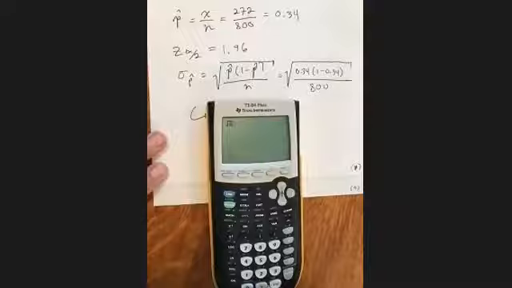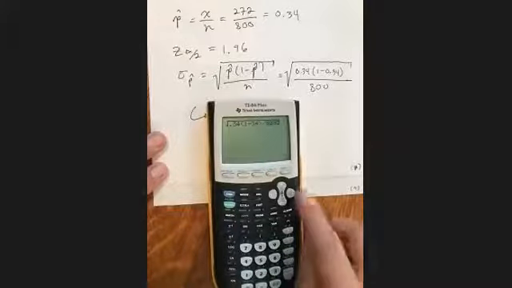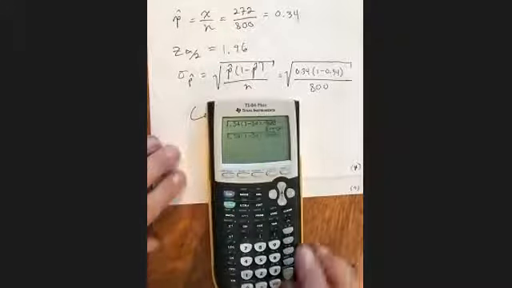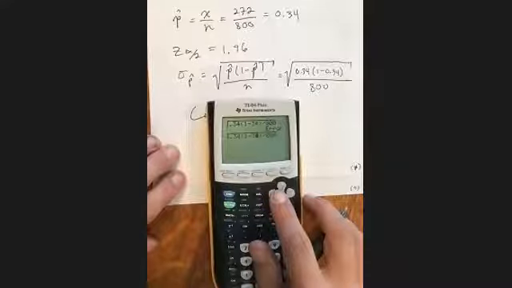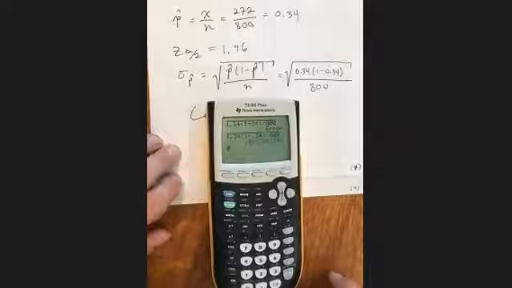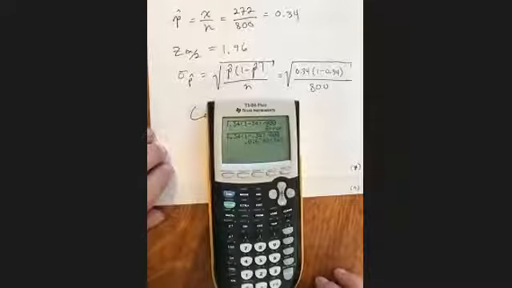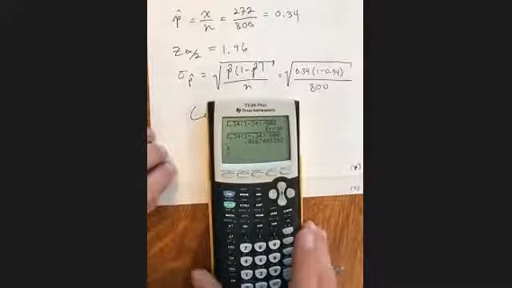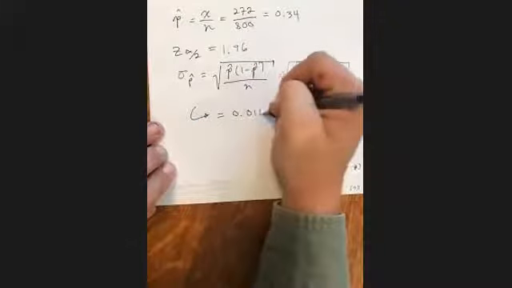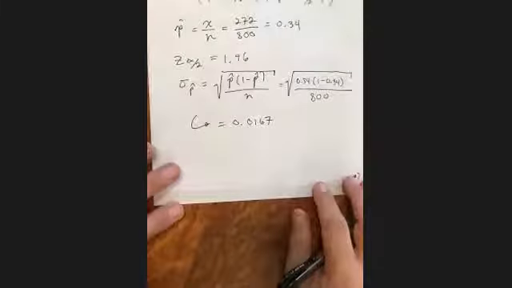Square root of 0.34 times 1 minus 0.34 divided by 800. Oh, I did something wrong. I forgot the decimal point. Okay. And so there we get a standard deviation of 0.0167. I'm just going to round it for these purposes, but it's better not to round. Remember, use the stored value in the calculator to do the computation.